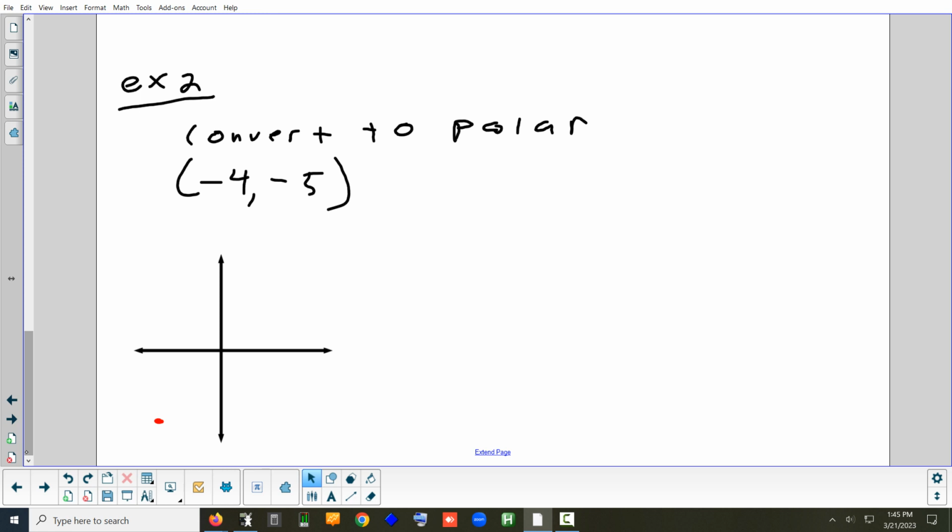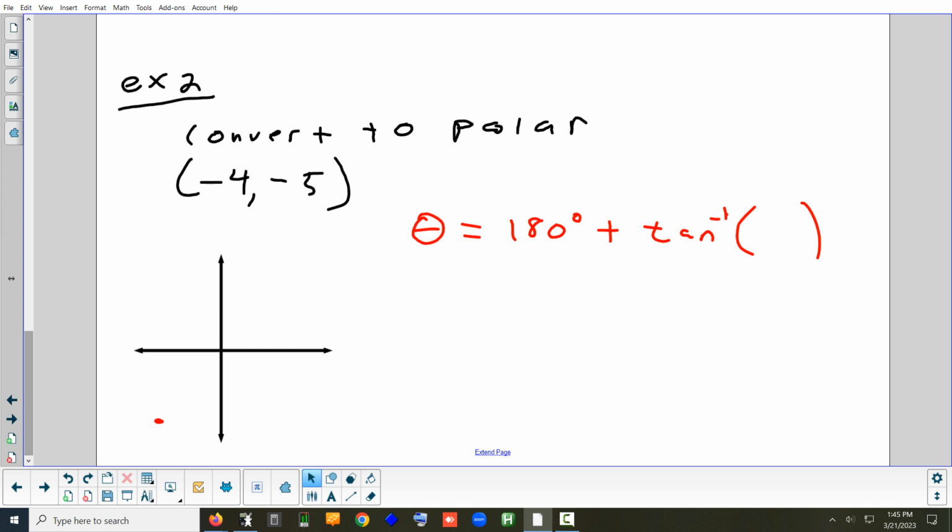What's the formula that we use to find theta in the third quadrant? It's not the same as the one we just used. 180 plus the inverse tangent. Difference is the plus 180. If you wanted to do it in radians, you would replace 180 with pi.